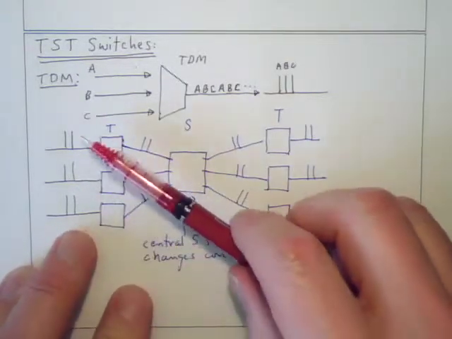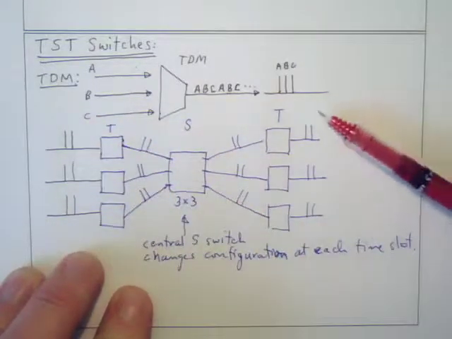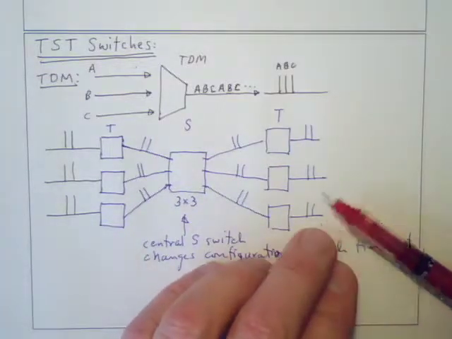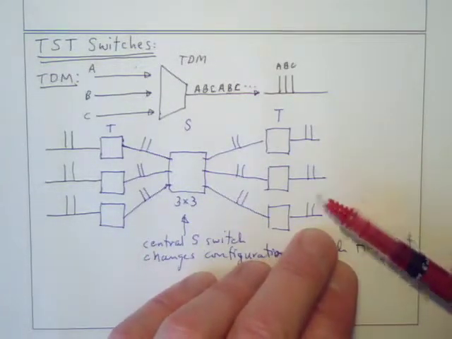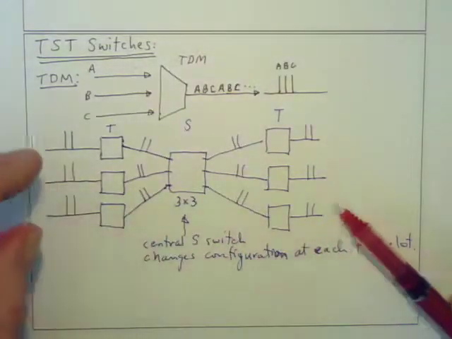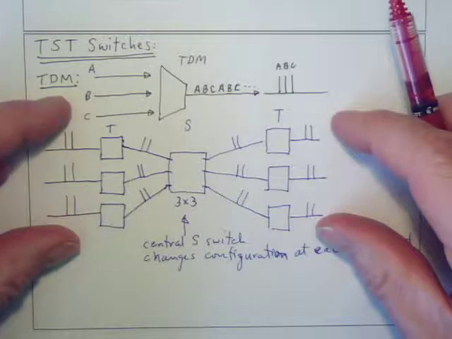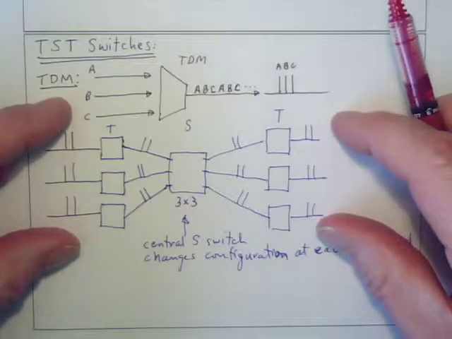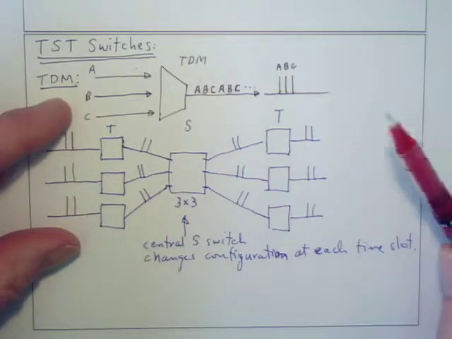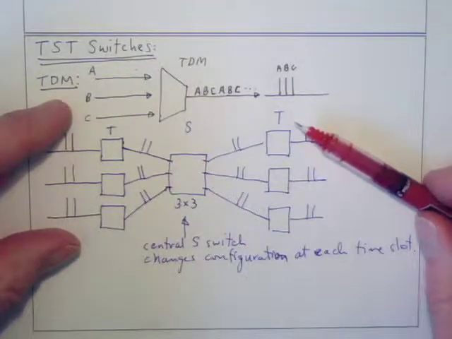We would like to switch these 6 possible inputs to the 6 possible outputs on the output side, which also consists of 3 lines, each with 2 different time slots. So the question is, how do we make this 6 by 6 switch? We're going to make a 3-stage switch, very much like our Clos network that we've looked at when we did space switches.